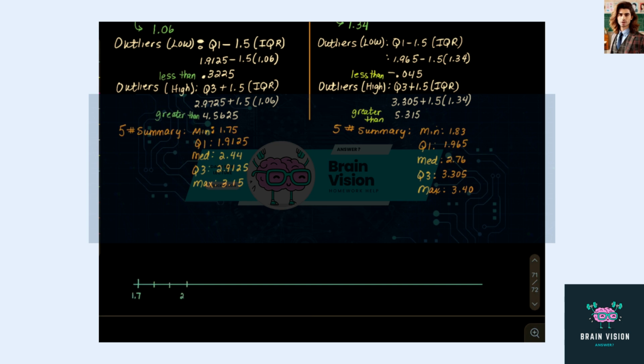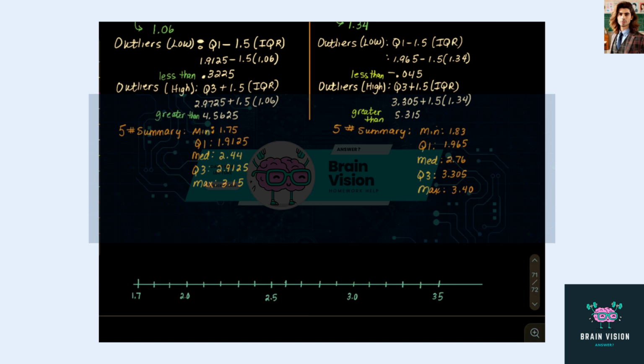So this would be 2.0, and I'm counting by 0.1. So then this would be 2.1, 2.2, 2.3, 2.4, 2.5, and try to make everything evenly spaced. So this is 3.0, 3.1, 3.2, 3.3, 3.4, and 3.5.